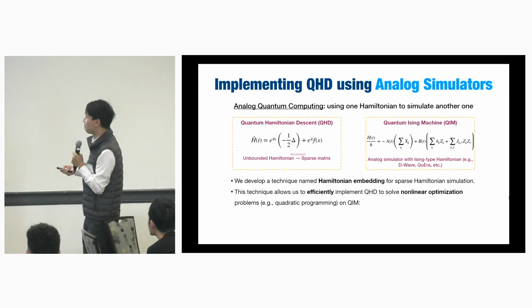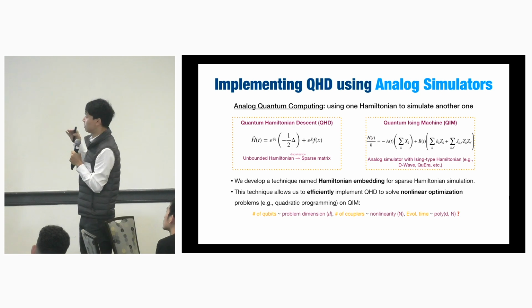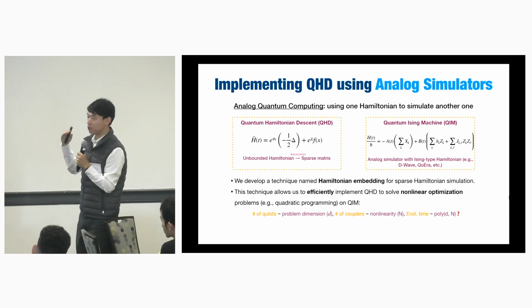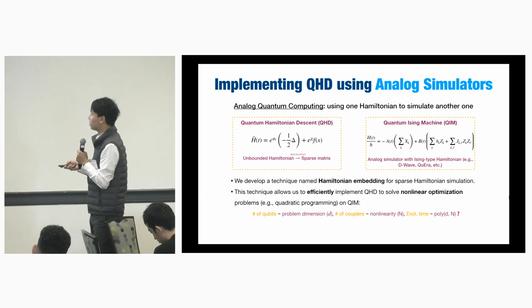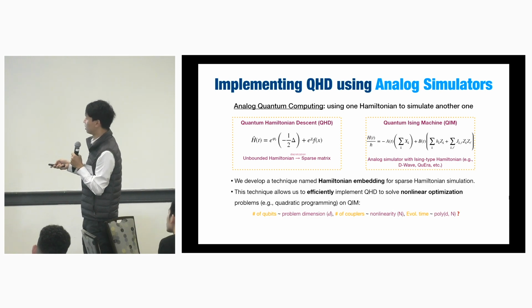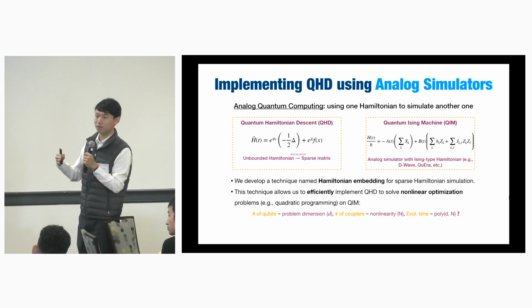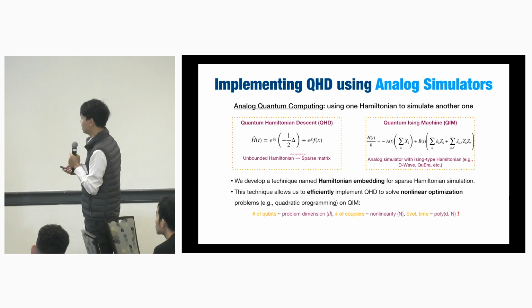In this Hamiltonian embedding technique, the number of qubits is roughly proportional to the problem dimension, which means it's pretty scalable. You're not going to go exponentially in terms of problem dimension. The number of couplers depends on the nonlinearity in the problem. And even for simple nonlinear problems like quadratic, in the worst case it is quadratic in problem dimension, but still polynomial in problem dimension.